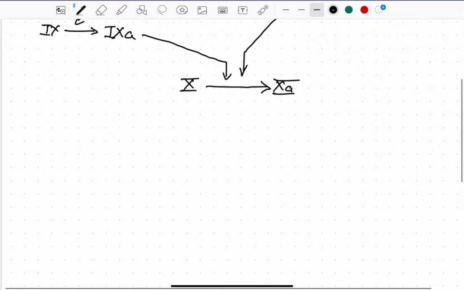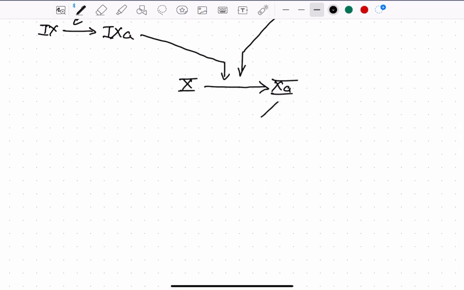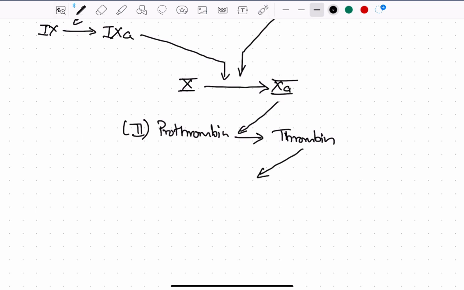So the activated factor 10 will activate prothrombin into thrombin. Prothrombin is also factor 2, and then the thrombin will activate fibrinogen into fibrin.